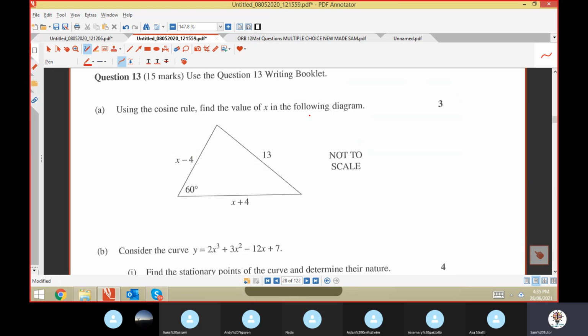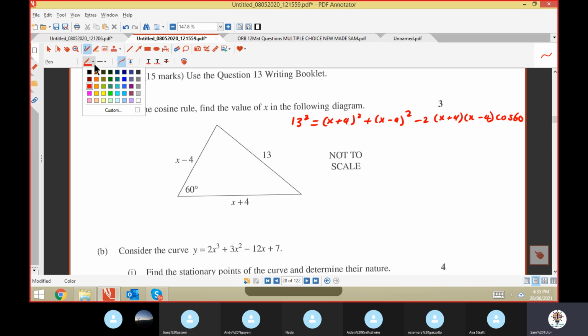All right, so cosine rule is 13 squared equals a squared plus b squared minus 2 times a times b times cos C. All right, I'll give you guys a minute again from here, expand and see if you can get out x.